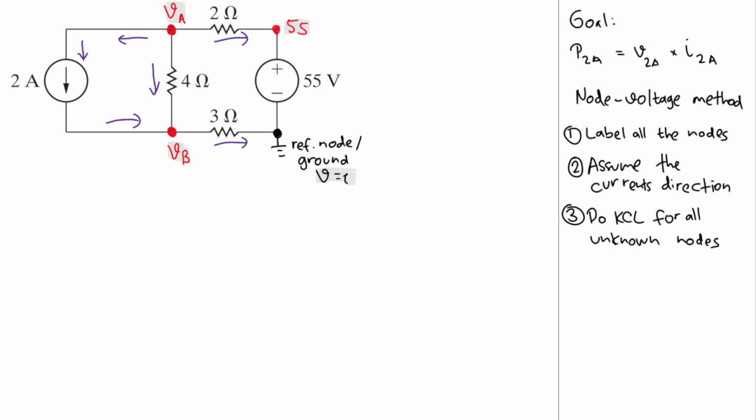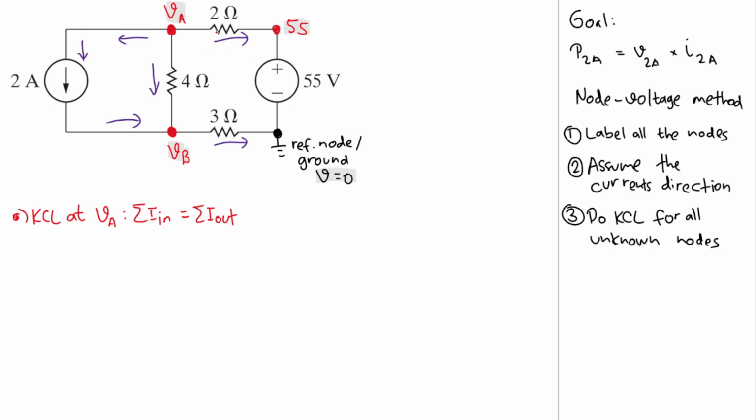So we need to do KCL at VA, and also we need to do KCL at VB. Okay, let's do the first KCL at VA. KCL says that the sum of the current that goes in will equal the sum of the current that goes out.